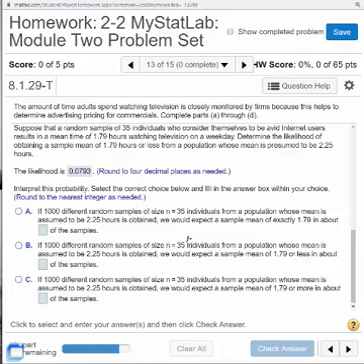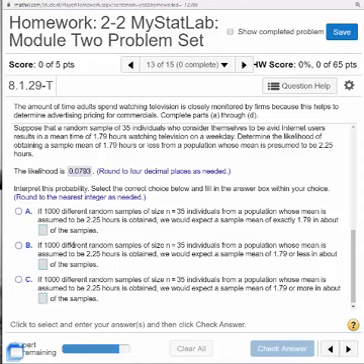Interpret this probability. What this means is if you were to do this 100 times, we would expect about 8% of the samples to have a mean of 1.79 hours or less. Okay, so that's if you do it 100 times.